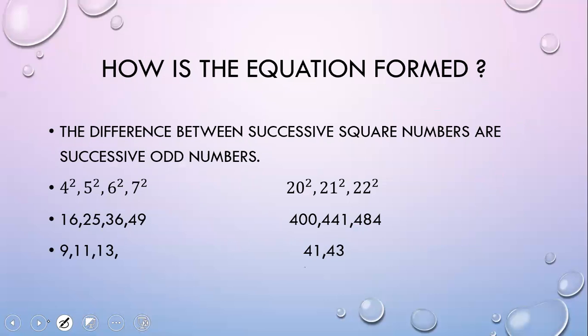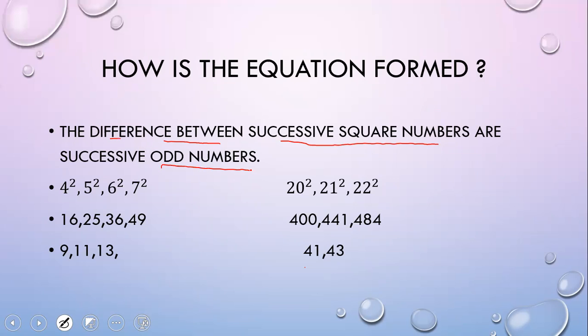So you see the difference between successive square numbers are successive odd numbers. What I mean is, the squares of 4, 5, 6, 7 continuous numbers are 16, 25, 36, and 49. Difference between them is the successive odd numbers 9, 11, 13.